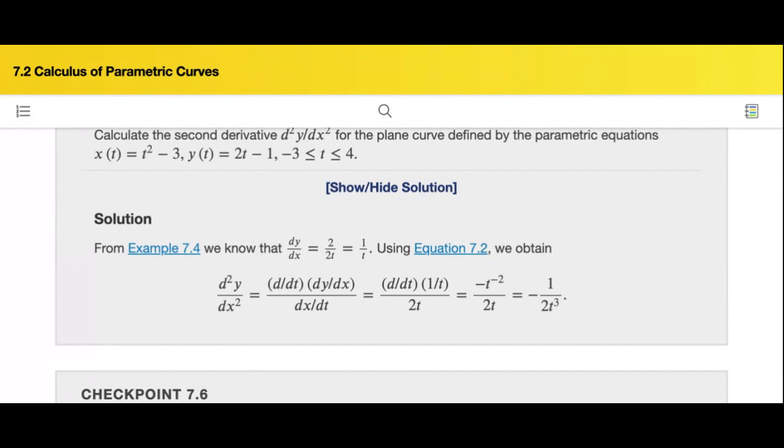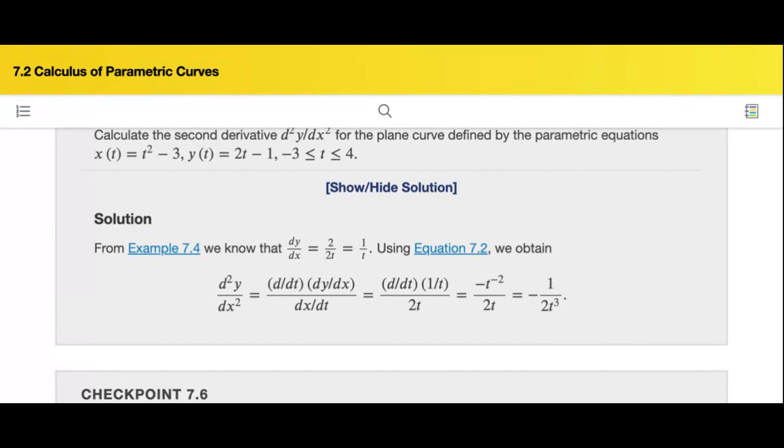When we talk about the second derivative, we're taking the derivative with respect to x, but the variable is t, not x.